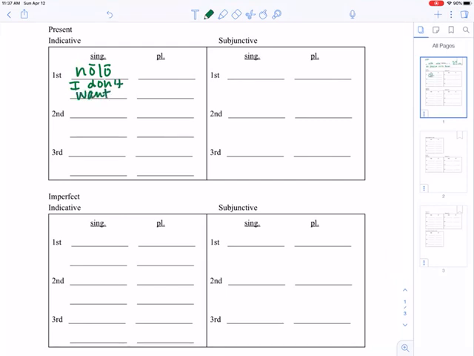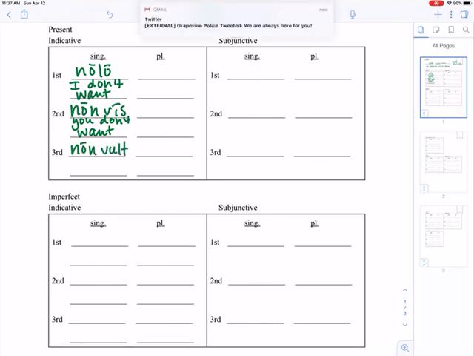Your second singular is non vis, which is you don't want. For third singular, you'll have non vult, again two words, and this is he, she, or it doesn't want.